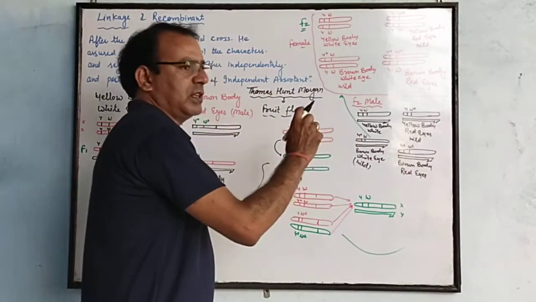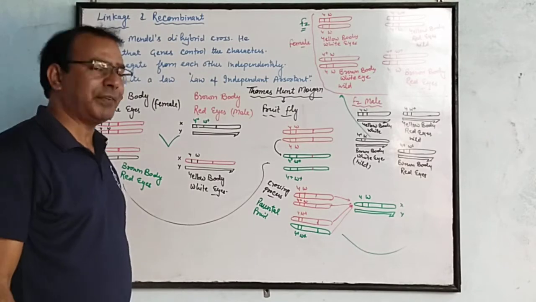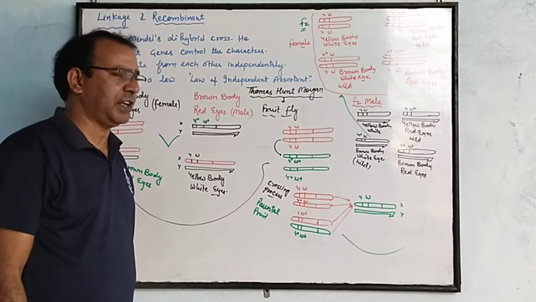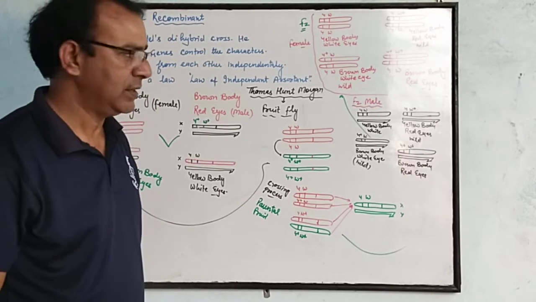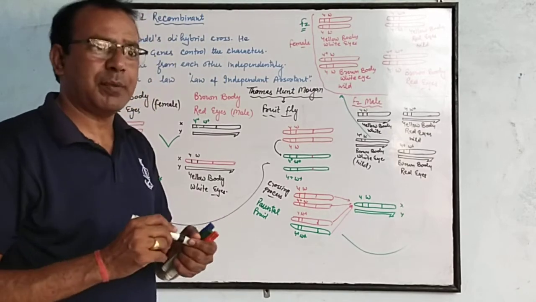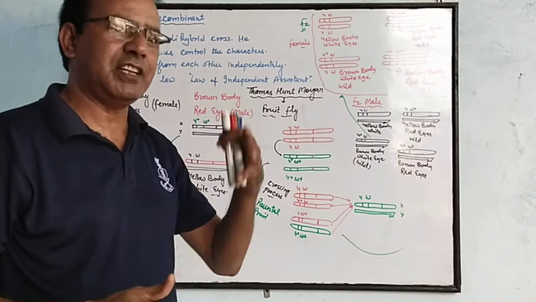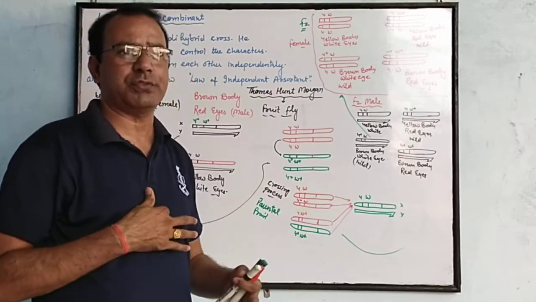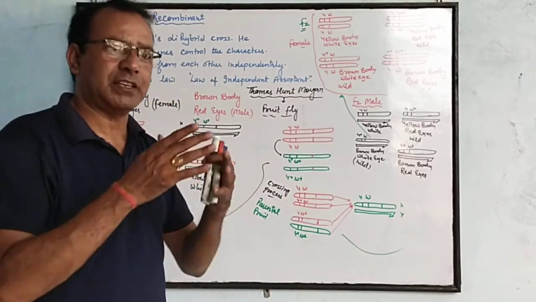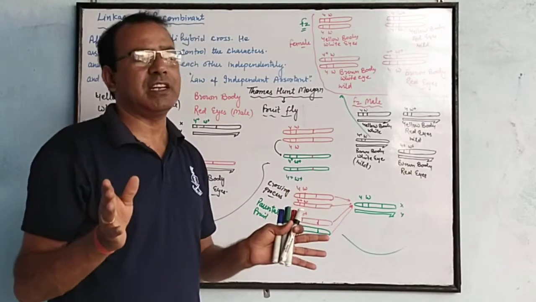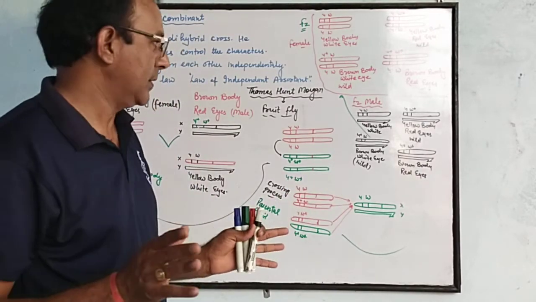After this crossing, he showed that there is not always segregation of genes, because genes are present on chromosomes. If the genes are tightly packed, there is less chance of segregation, and if genes are present at a long distance, there is more chance of segregation.